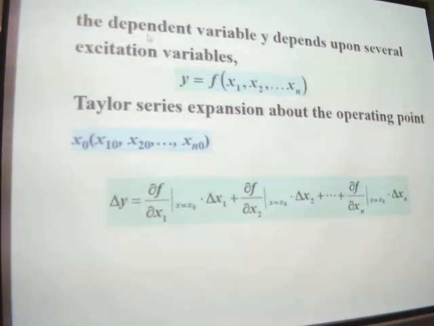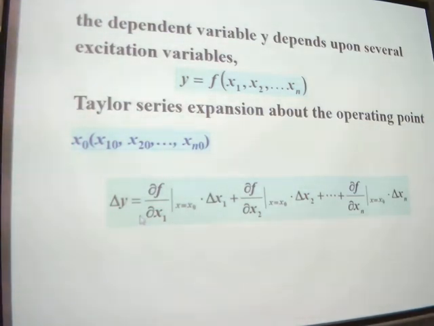Now, the dependent variable y depends upon several excitation variables. We can see here y equal to f, x1 to xm. Taylor series expressing about this operating point x10, x20, now xn0.